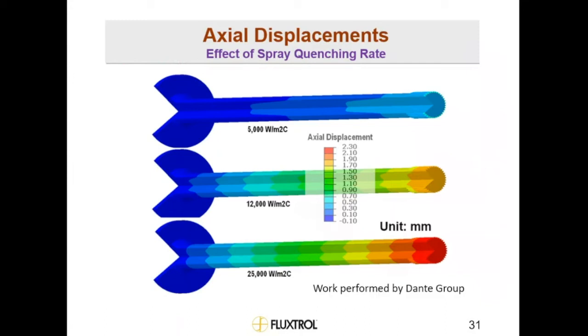If you see that bottom slide with the very intensive quenching, the axle actually grew 2.3 millimeters, whereas it only grew a couple tenths of a millimeter with the slow quenching. The radial dimension also changed, but not nearly as much as the axial.